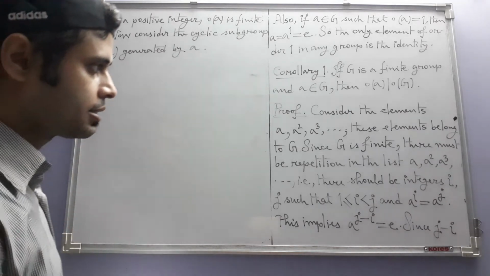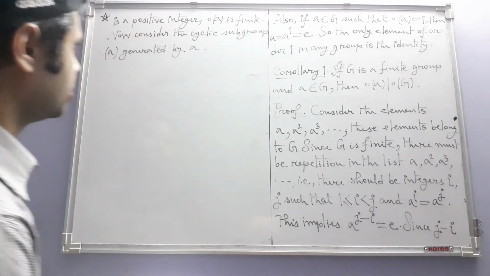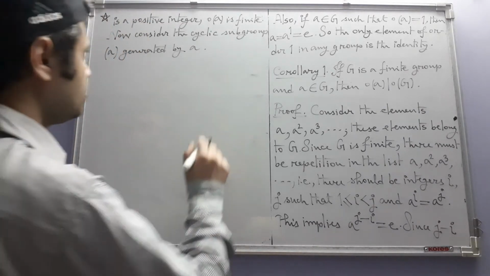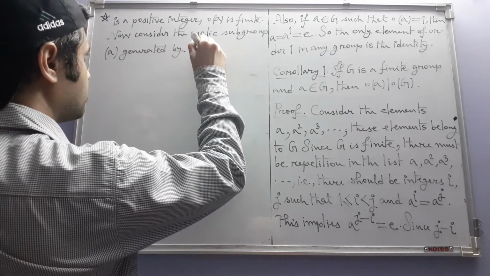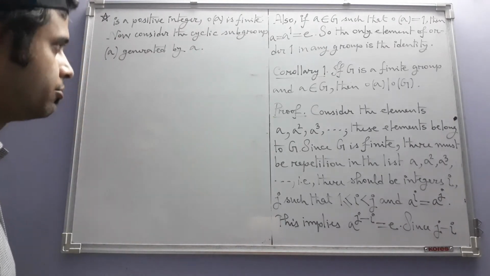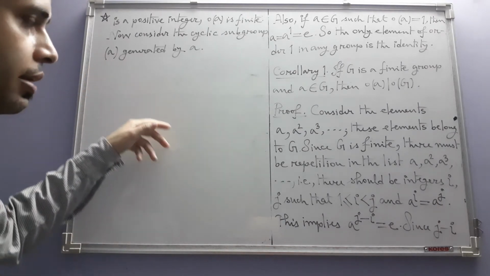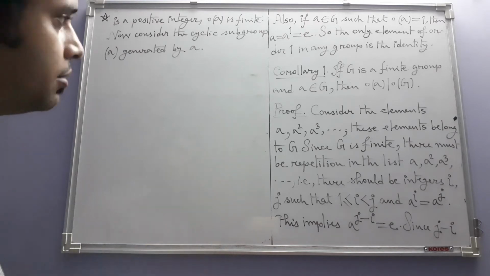We considered the cyclic subgroup generated by A. It's a subgroup of G that we already know. Okay. Now our aim is to prove that the order of this cyclic subgroup is nothing but the order of A.